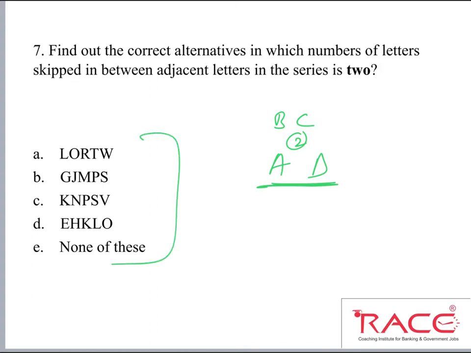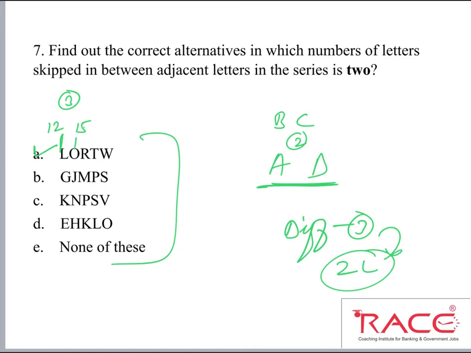Just like that, we have to check the options. If we choose the first option, L means 12, then the next is O, 15. The difference between 12 and 15 is 3. When there is a difference of 3, it means 2 letters in between, because the value of A is 1 and the value of D is 4.